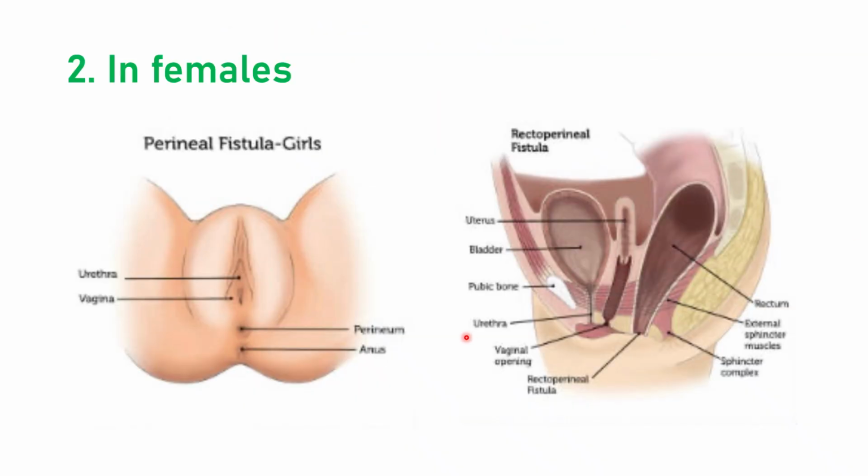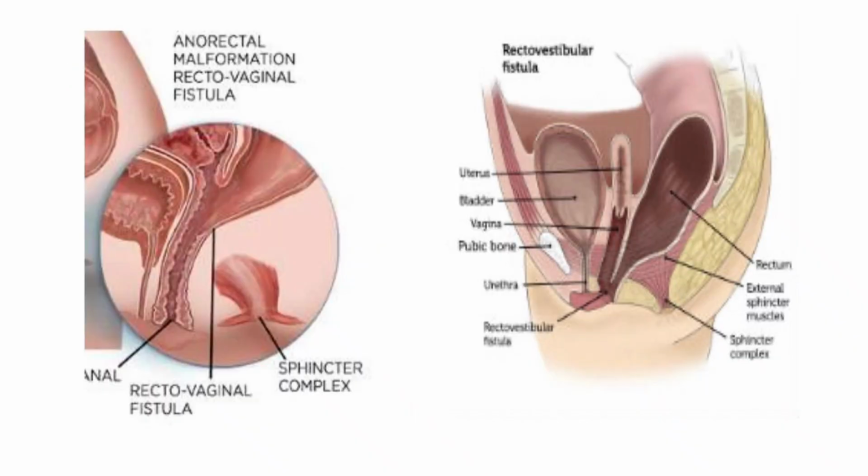In females, it can be perineal fistula, where the rectum is opening into the perineum, or it can be rectovaginal fistula, where the rectum is opening into the female genital tract, the vagina, in spite of opening into the normal place at the anus. It can be rectovestibular fistula, where the rectum is opening at the vestibular opening, which is just in front of the anus but not at the anus.